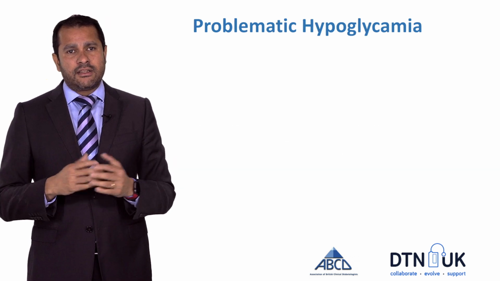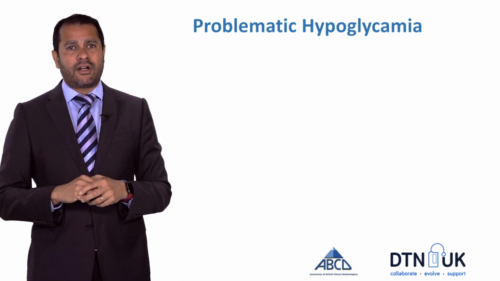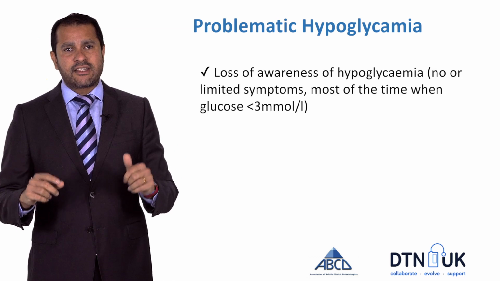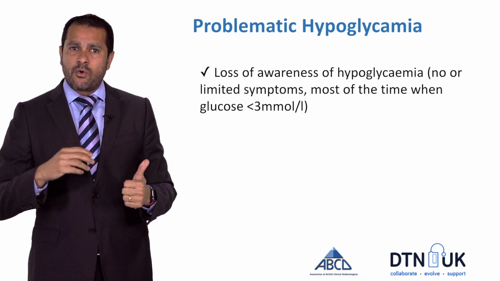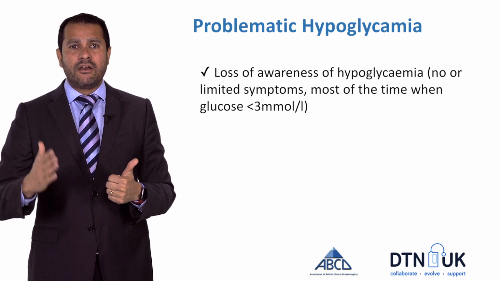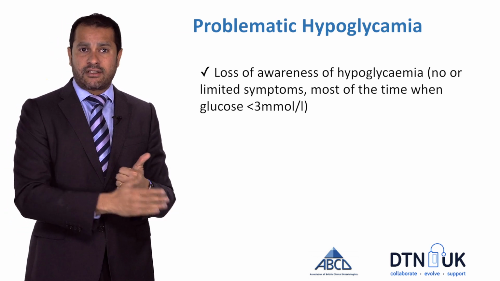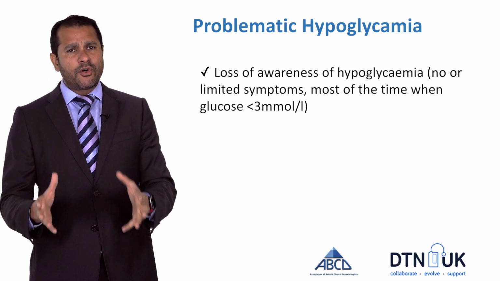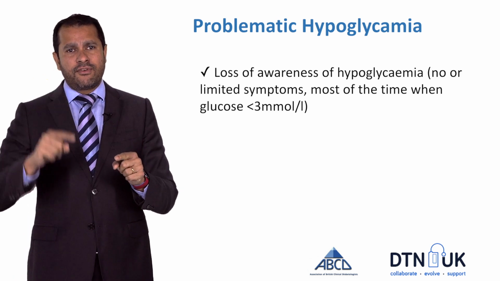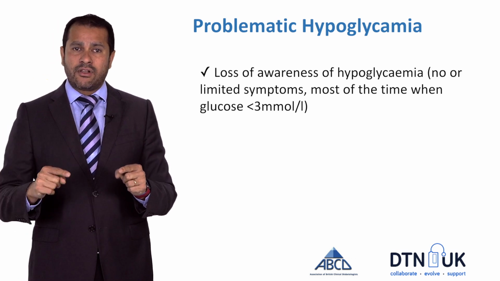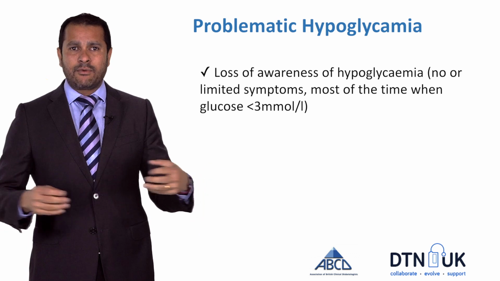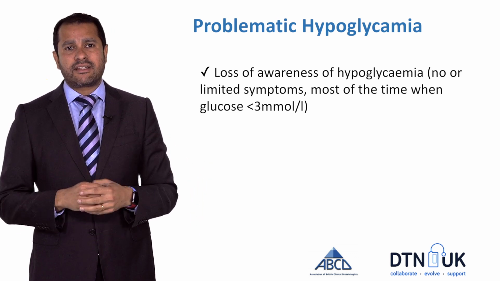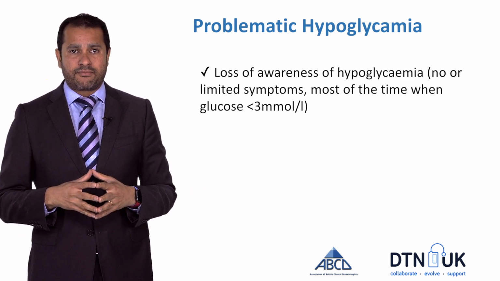NICE have defined problematic hypoglycemia in a slightly different way. They've said this is loss of awareness, which means that when your blood glucose is dropping below 3, you're more likely not to recognize it than you were to recognize it. It's important to remember that every person feels hypoglycemia at a different sort of level, but if you're consistently not feeling anything when you're going below 3, then we will say that is an impaired awareness of hypoglycemia.